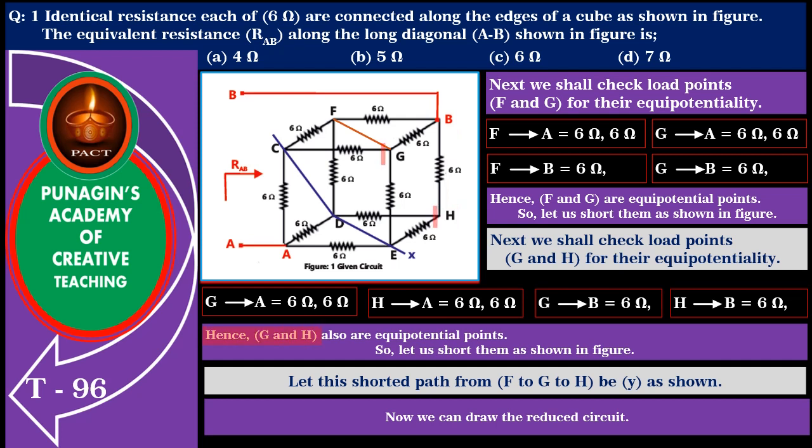Hence, load points G and H are equipotential points. So, let us short them as shown in the figure. Let this shorted path from F to G to H be Y as shown in the figure. Now, we can draw the reduced circuit.